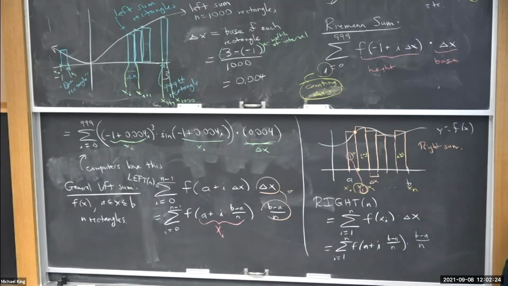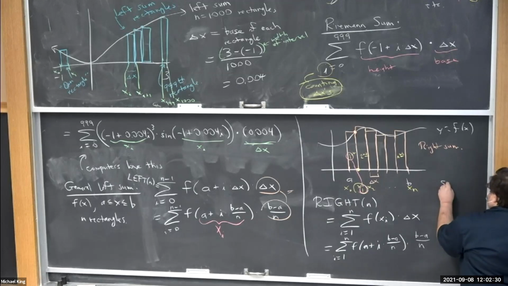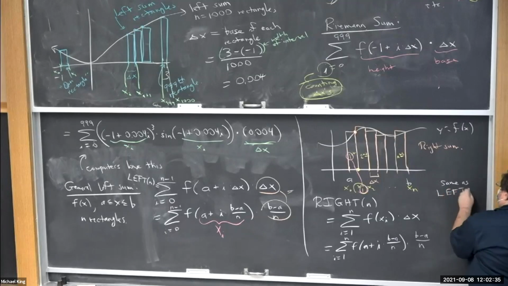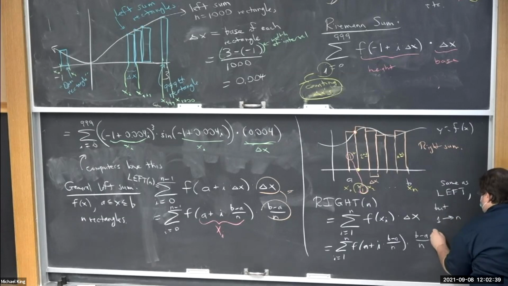It's the same idea. It's the same sum, just from 1 to n. Same as the left, but 1 to n instead of 0 to n minus 1.